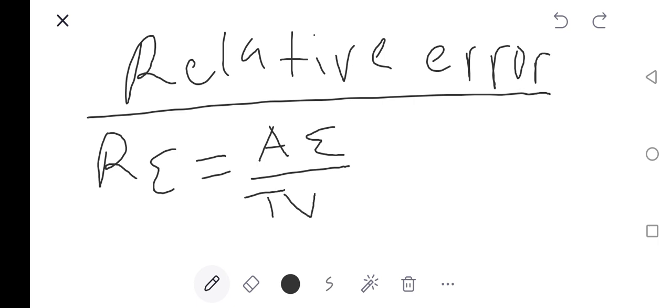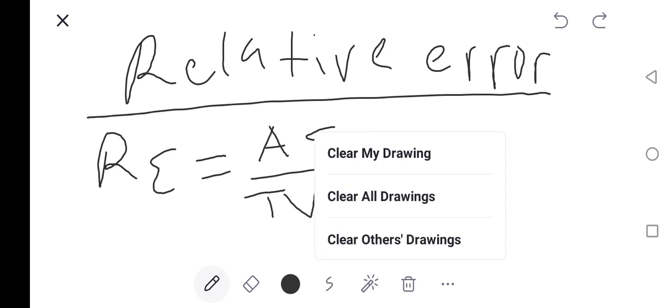That's all. You just have to divide the error that you have found, called absolute error, by the true value. That is all. Did you get that? When they ask you to find the relative error, divide the error in the measurement by the true value. That's all.